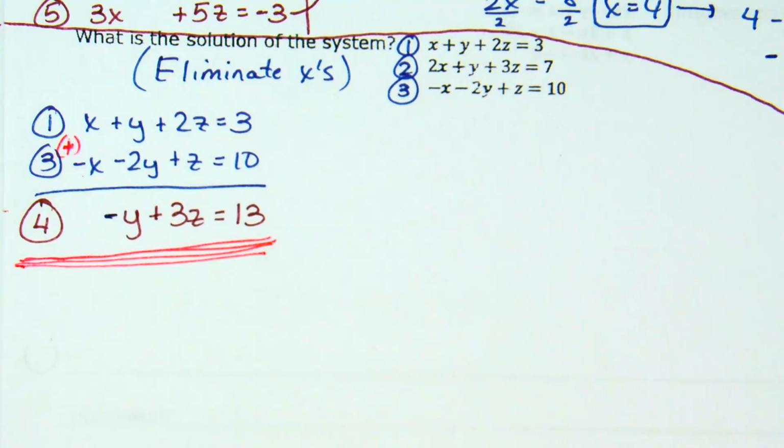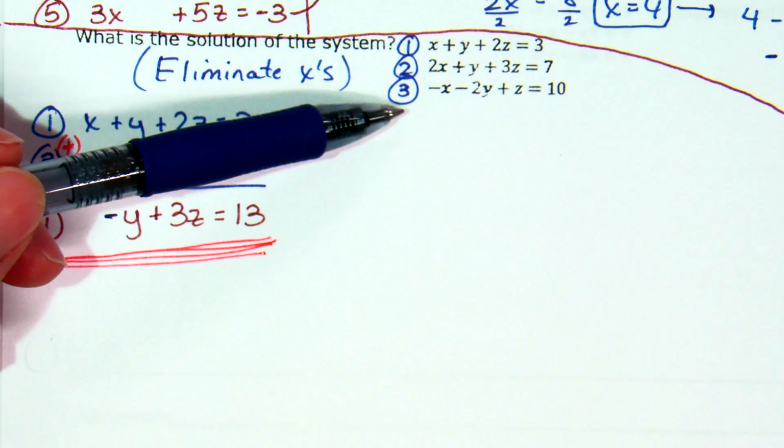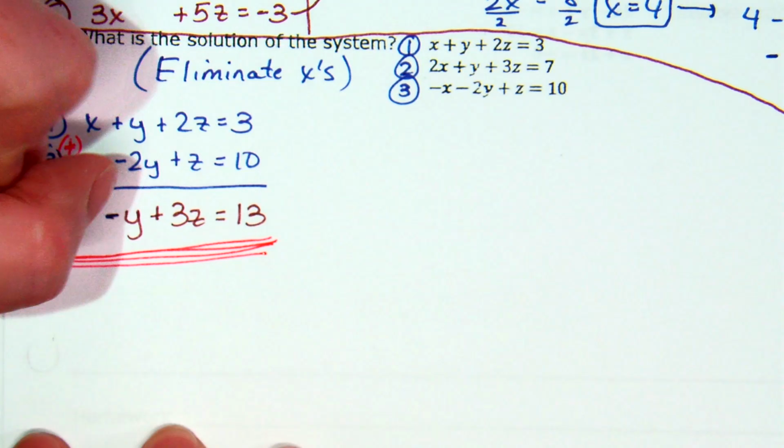Okay, we have to use a different pair other than 1 and 3. So we have to use 2 with something. We can use 1 and 2, or we can use 2 and 3. Honestly, they both can work. I personally would pick 2 and 3 because even though they don't have the same number, they have opposite signs. And remember, what variable am I eliminating again, the second time in a row? X. Don't change the variables you're eliminating.